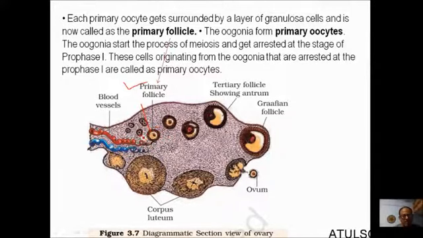The primary follicle has the primary oocyte in it. The oogonium starts the process of meiosis and gets arrested at this stage in prophase 1. These cells that originate from oogonia and are arrested at prophase 1 are called primary oocytes.